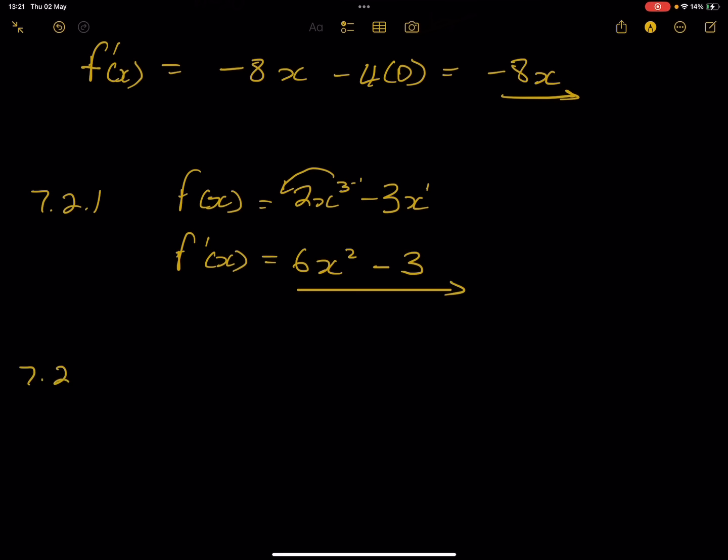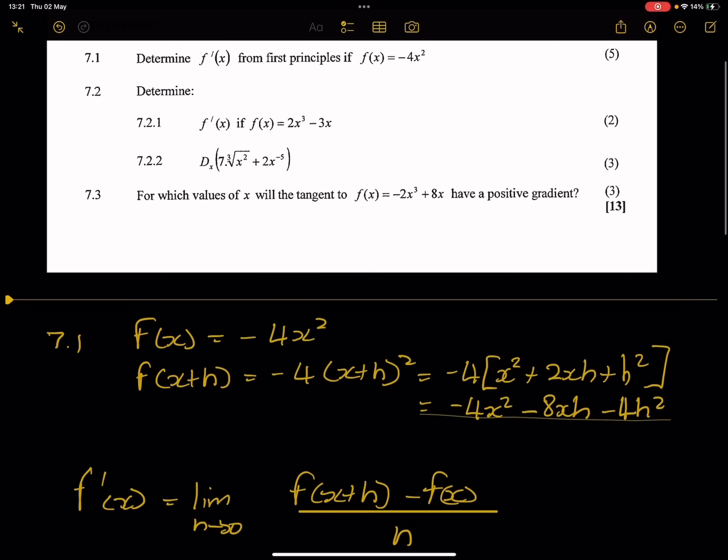So 7.2.2, we've got that complicated expression over there.